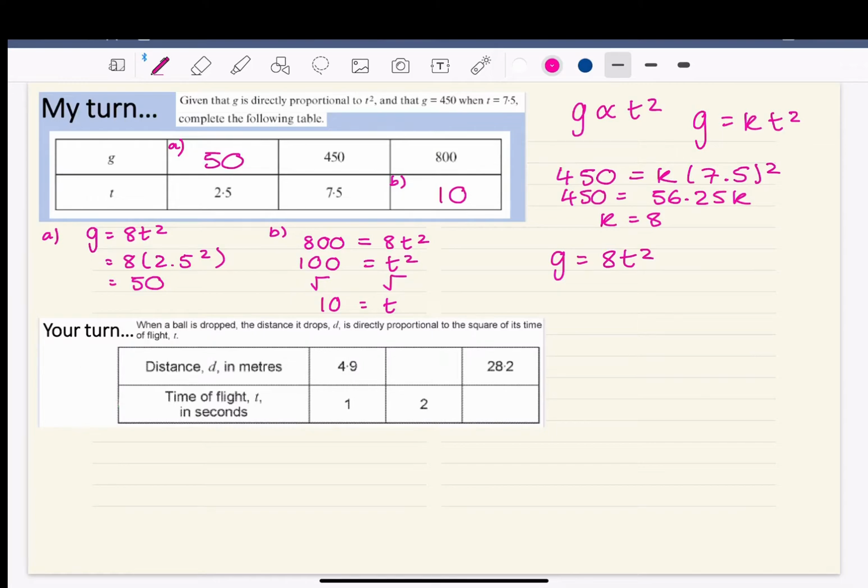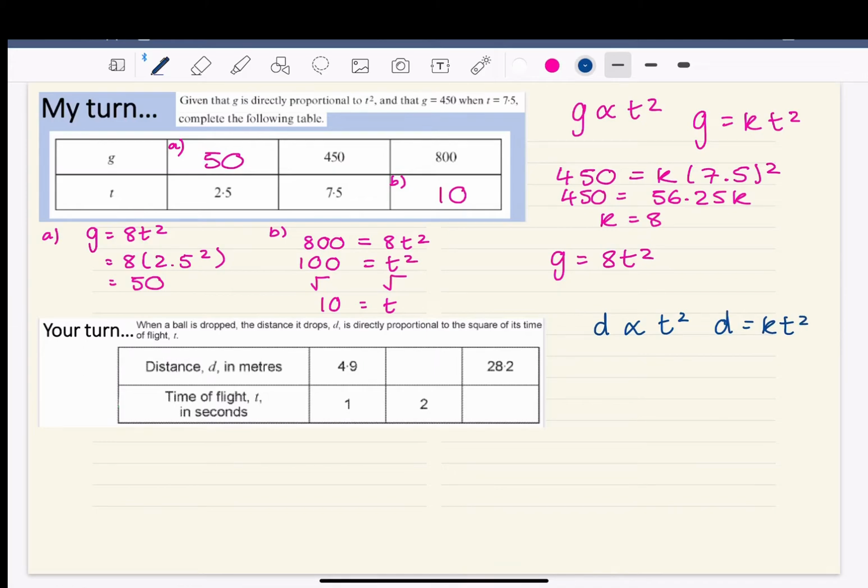So, your turn. We know that when a ball is dropped, the distance it drops, d, is directly proportional to the square of its time, t squared. That means we're starting again with d equals k t squared this time.